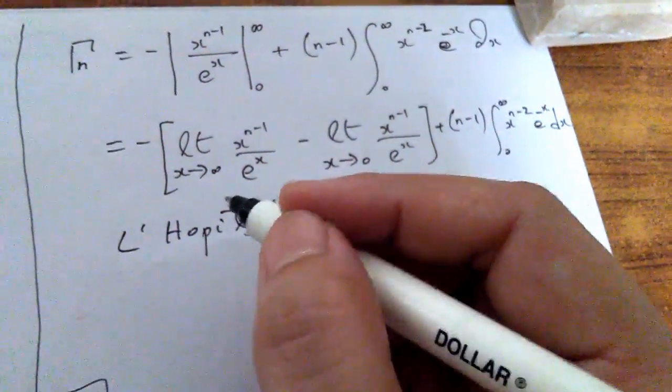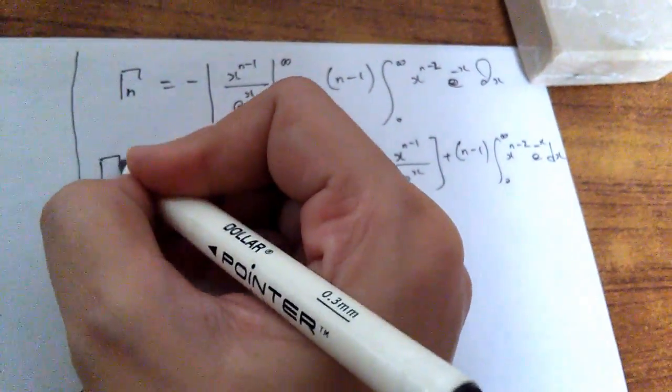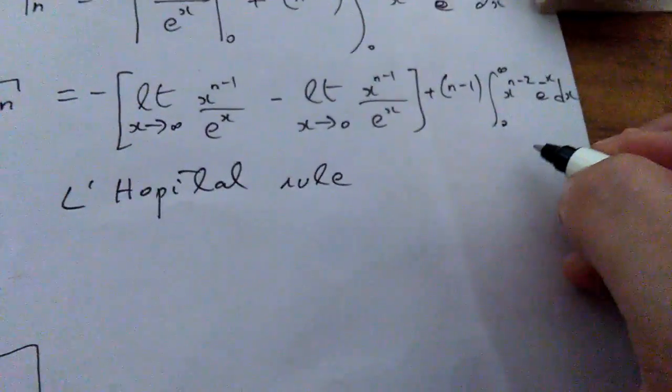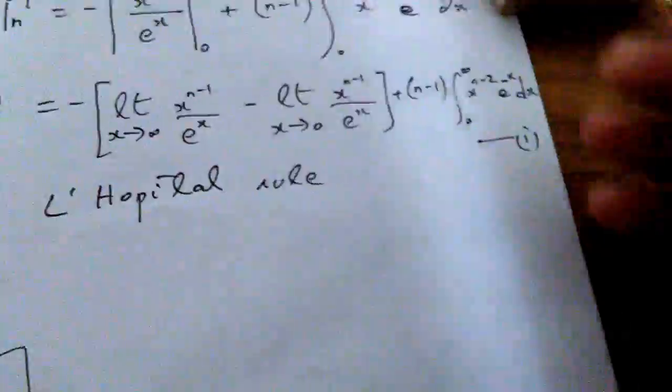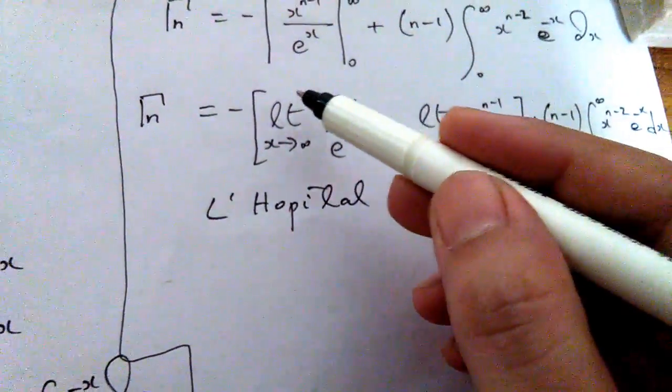Let me just save this step and name it equation number 1 because I have to continue afterwards. Presently I'm just trying to explain how to handle this part.